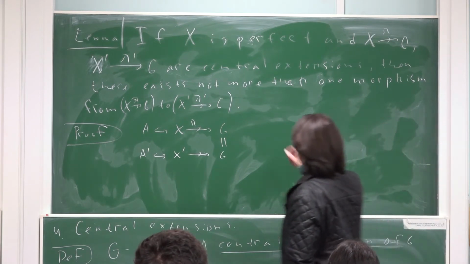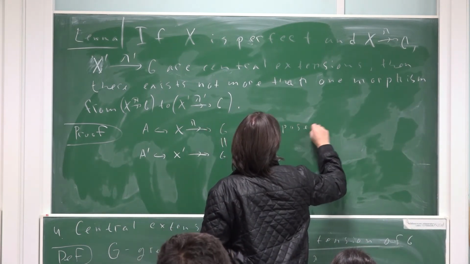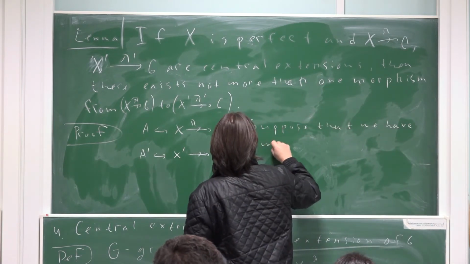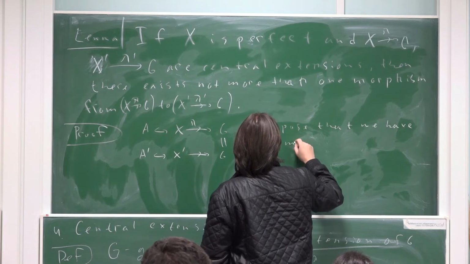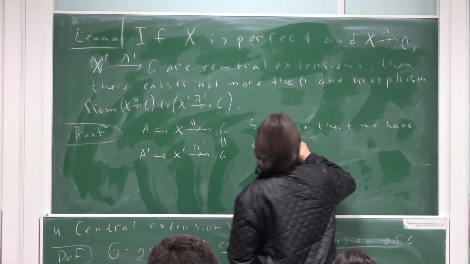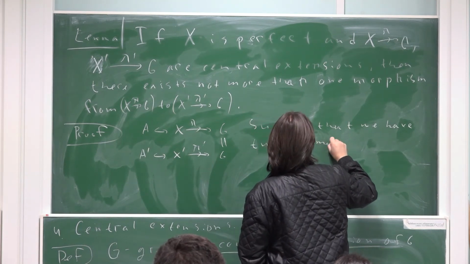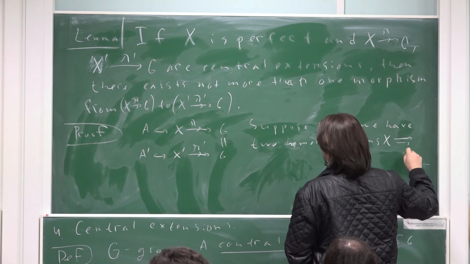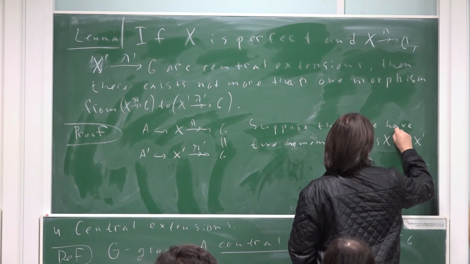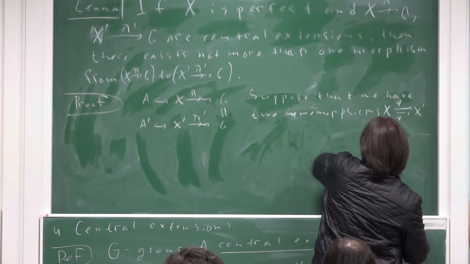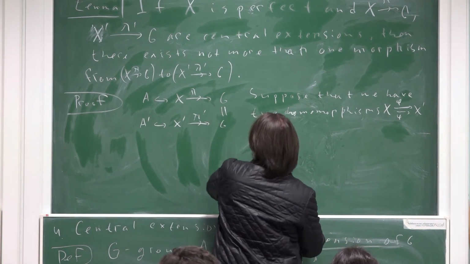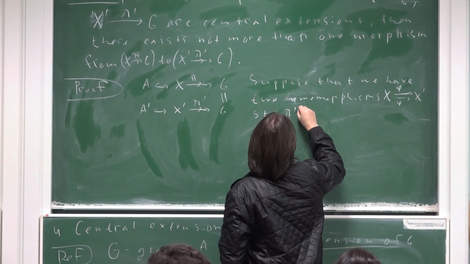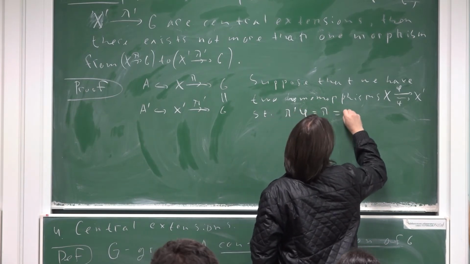And suppose that we have two morphisms, two homomorphisms from X to X prime, let it be phi and psi, such that pi prime phi equals pi equals pi prime psi.